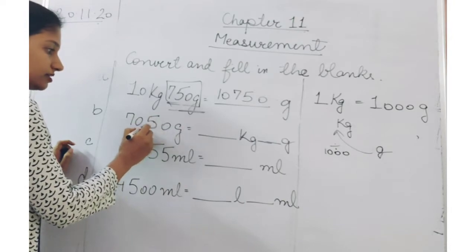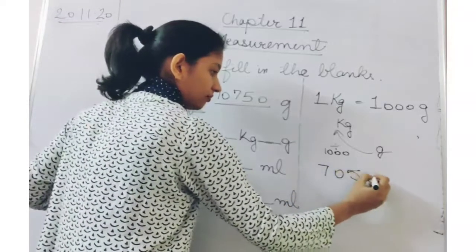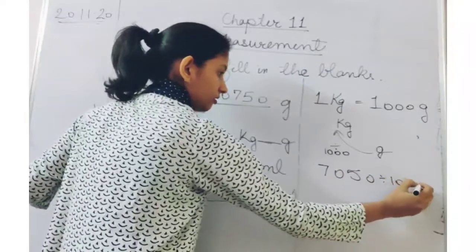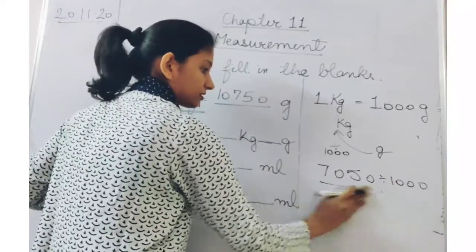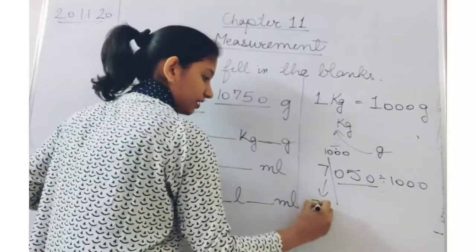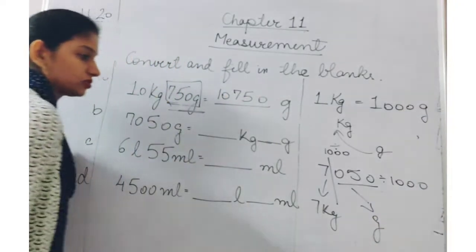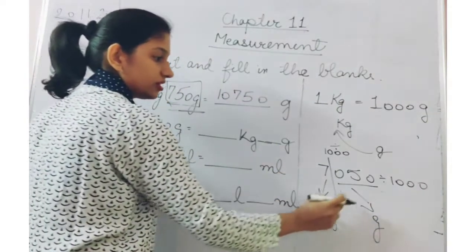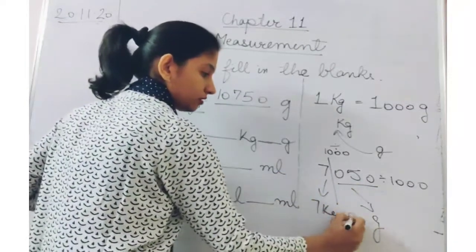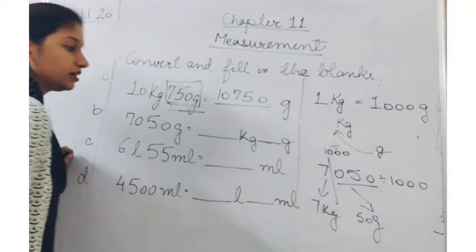So when we divide 7,050 grams by 1000, what will happen? There are 3 zeros, so we'll separate the last 3 digits. The first part we'll get as kg, and the remaining part will be grams. So the answer will be 7 kg 050 grams, or you can write it as 50 grams.